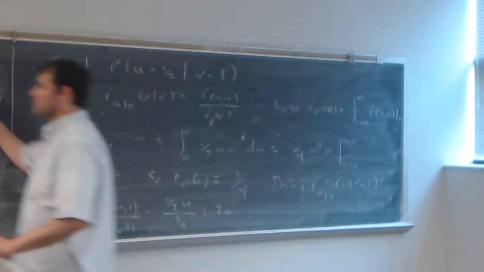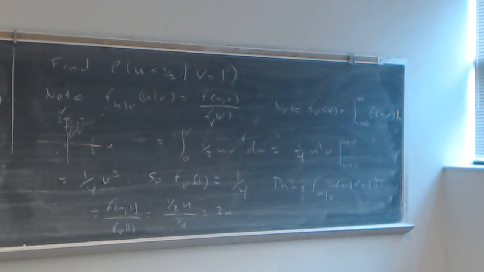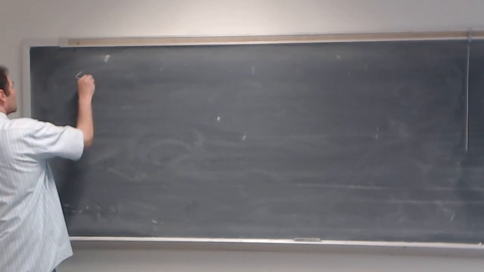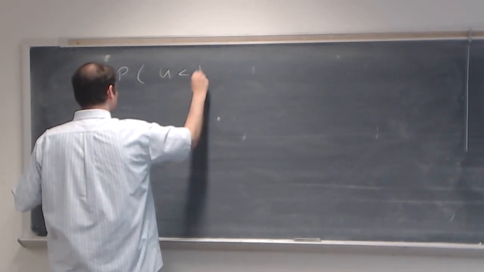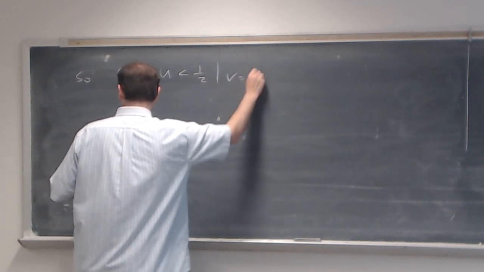Okay, so from our definition, this probability that, remember what we're looking for, that u was less than 1/2 given v equals 1, that's what the problem is.